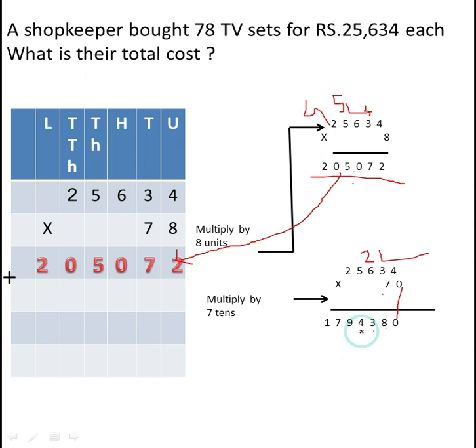I write 4 here and 4 carried forward. Then 7 into 5 is equal to 35 plus 4 is equal to 39. 9 here and 3 carried forward. 7 into 2 is equal to 14 plus 3 is equal to 17. We will get 17,94,380. We will write this value in this place.